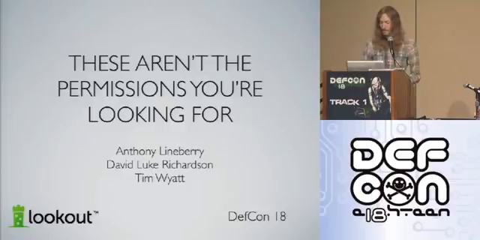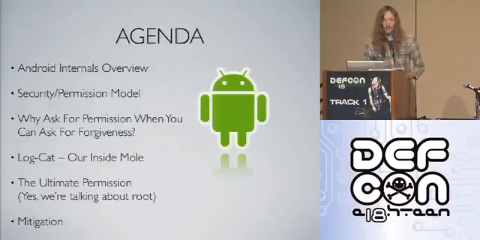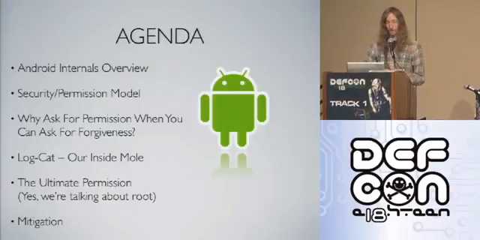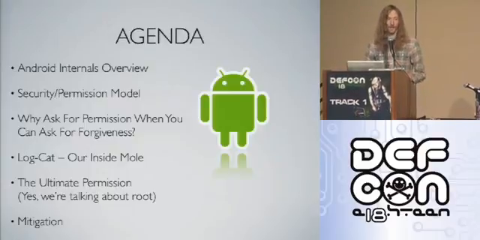So the things we're going to talk about today, we're going to do a brief, boring overview of the Android internals, just to get people who don't have any context of what some of these components are up to speed a little bit. Then we're going to talk about the security and permission model and do a little brief overview on that and how the sandboxing works.